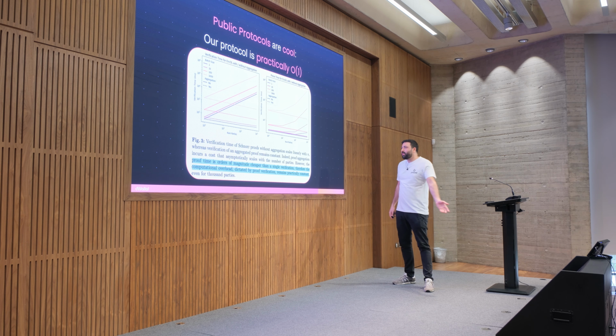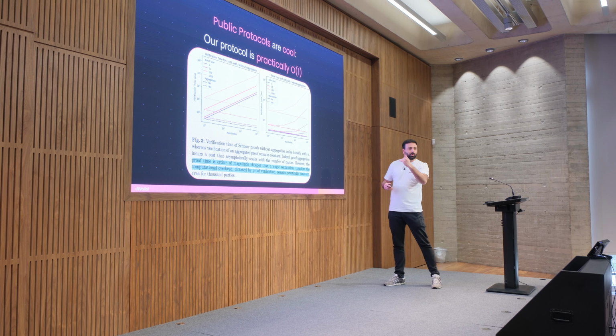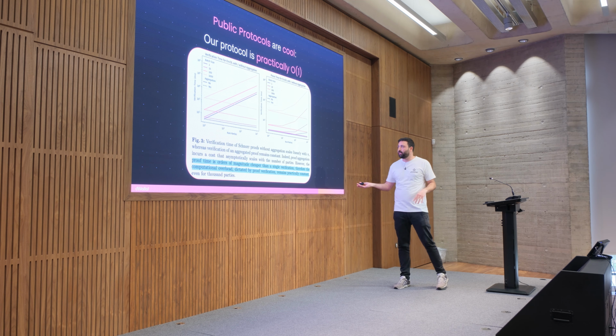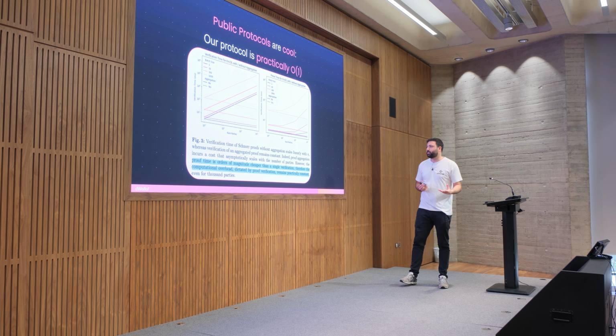You're not going to get it for free. You're going to pay in proof. And the proof time, when you have aggregation, does increase linearly. But you see that the graph does not increase linearly from the get-go. It has this kind of curve where it takes a little bit of time to catch up before you actually feel the linearity. And that's why we say it's practically O(1), because up to a certain number of parties, which is actually a pretty big number of parties, you feel like it's a constant operation.